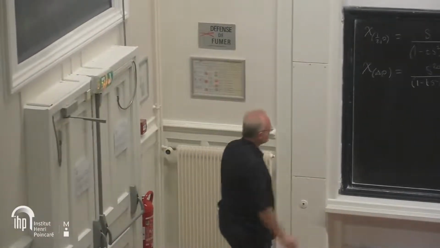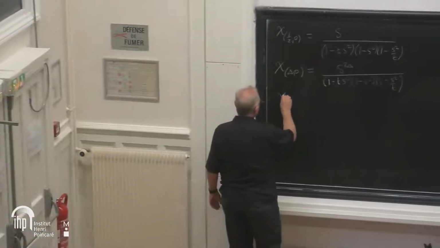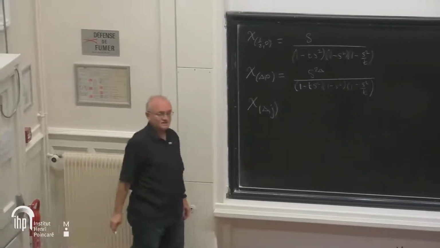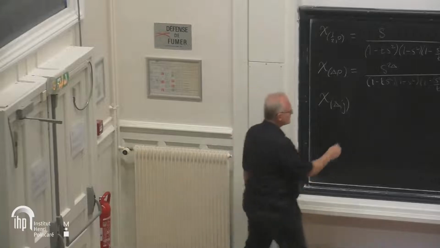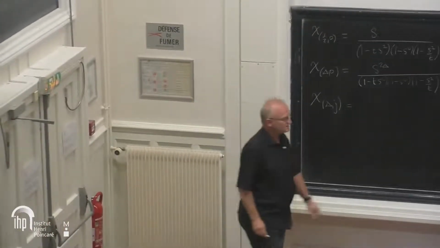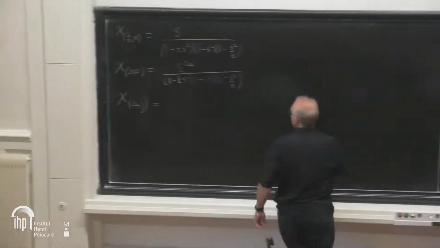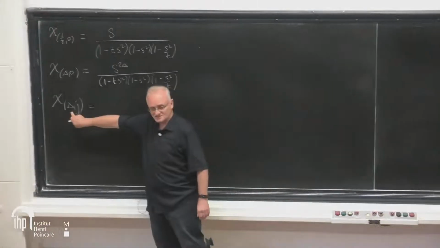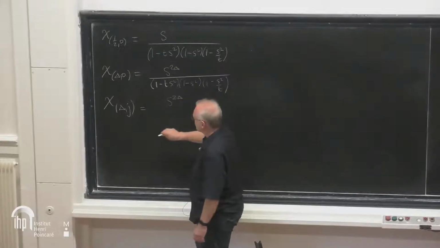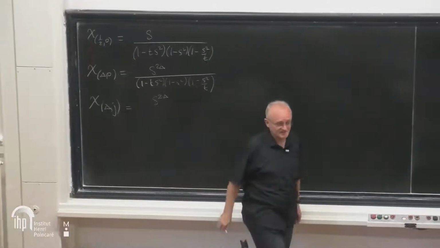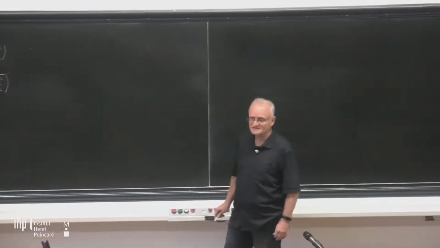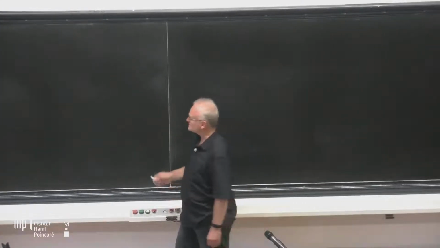Now, what about if I had spin j? Well, then the contribution from the primary actually has something in addition. You see, this would be a primary of dimension delta, so good. I'll have s to the 2 delta, but then I have a whole multiplet of spins. And in this situation, what would the character be?